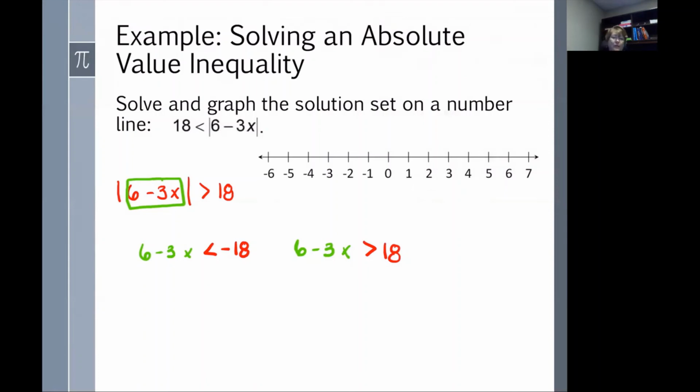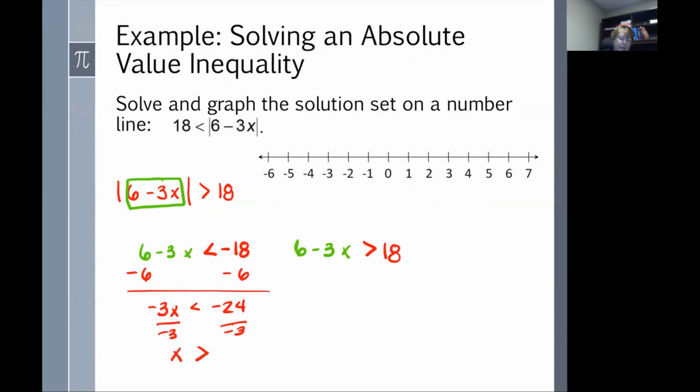Now you solve the resulting linear inequalities. So I'm going to subtract 6 from both sides. I'm going to divide both sides by negative 3, and I note that I do need to reverse the inequality symbol because I'm dividing by a negative.